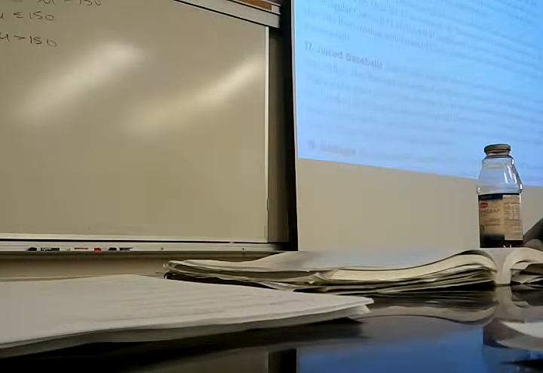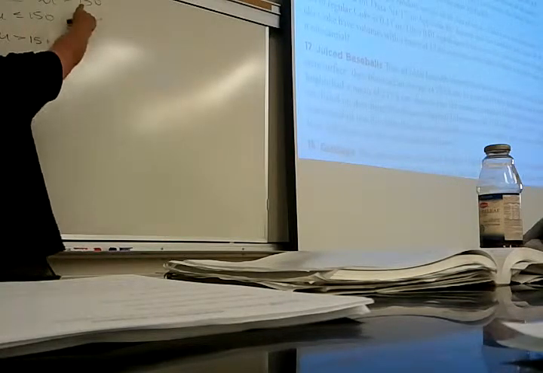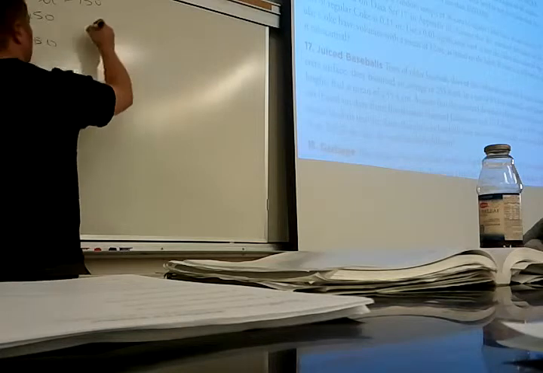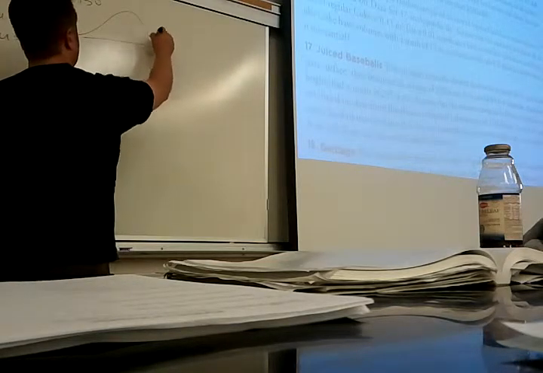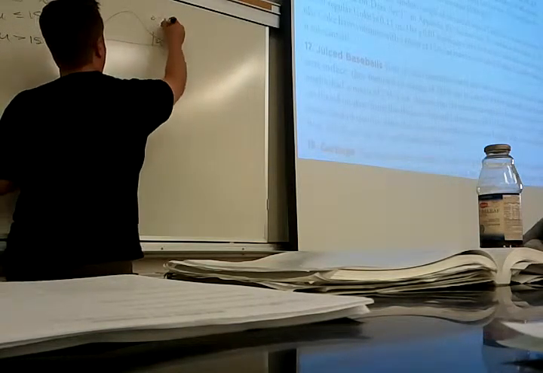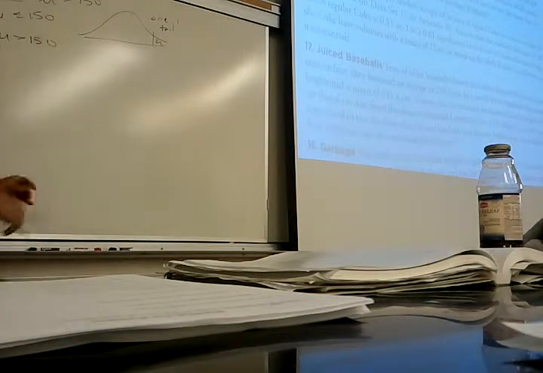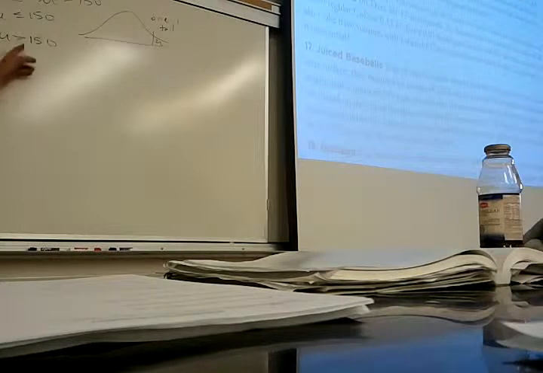So who can tell me how many tail tests this will be? One tail, because I'm only interested in greater than. That's the only thing that's going to show me something. If it's less than, it's not going to be evidence of anything. So it's going to be a one tail test. The really nice thing is, just like in algebra, where this told you which direction to shade, same thing.